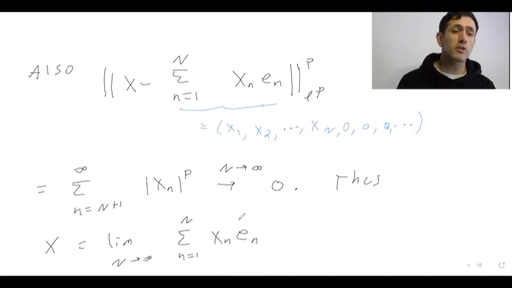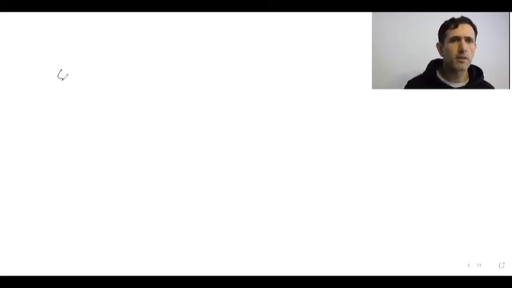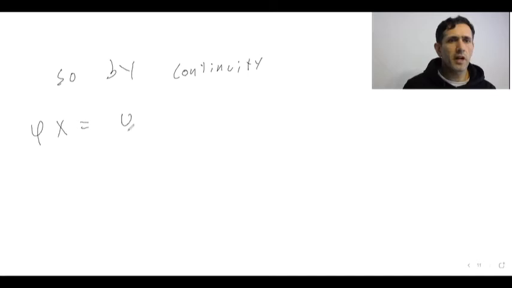But it's extremely useful, because this is a continuous linear functional, and bounded is the same thing as continuous for linear functionals. So phi of x is going to be phi of this infinite sum here. By continuity, this is going to be the sum.